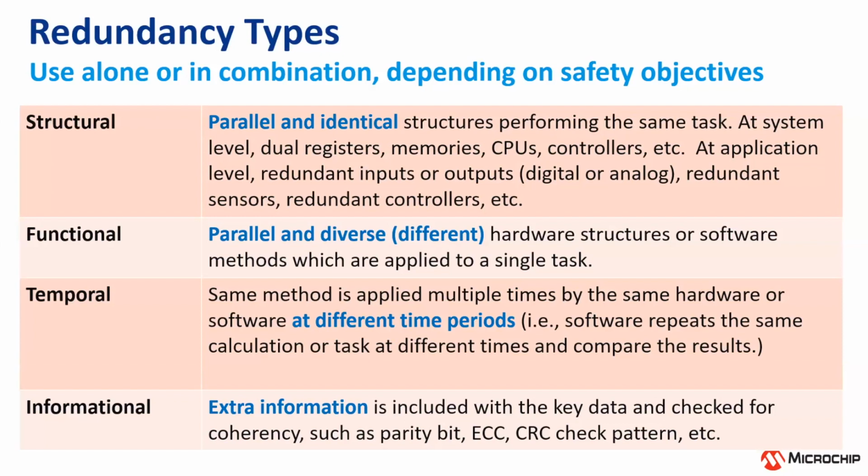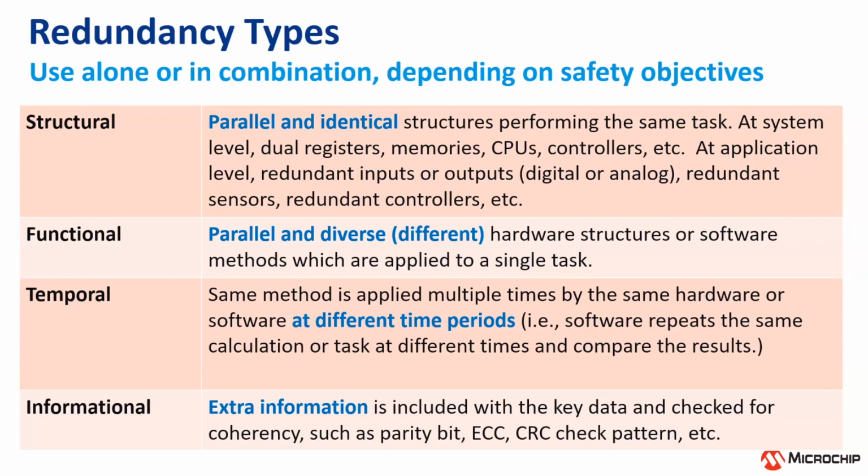The ideal example of that would be a microcontroller with multiple cores running in lockstep. So if we have lockstep cores, those are parallel and identical structures performing the same task. If those are both doing calculations and one has an answer that's different than the other one, there's obviously a problem in the system and we need to get to our safe state.